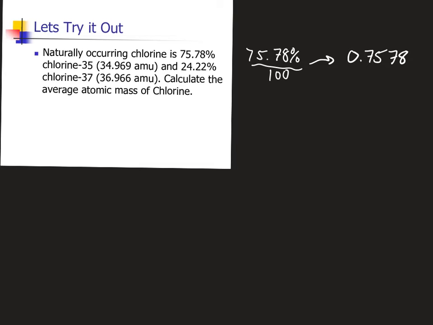Now I would need to do the same thing for the 24.22 to get the 0.2422. Now this is a step that many students are able to do in their head, kind of converting a number from the percentage into its decimal version.